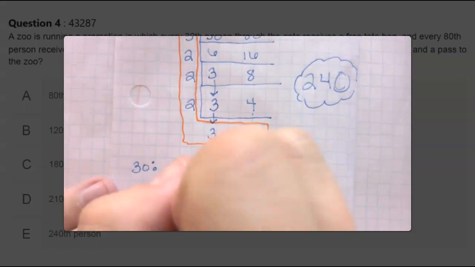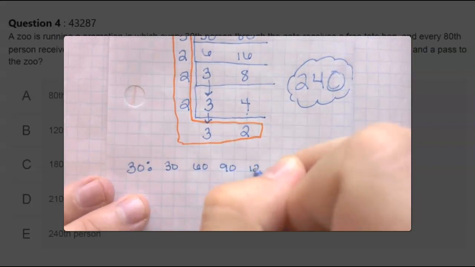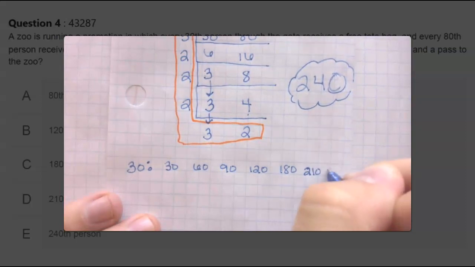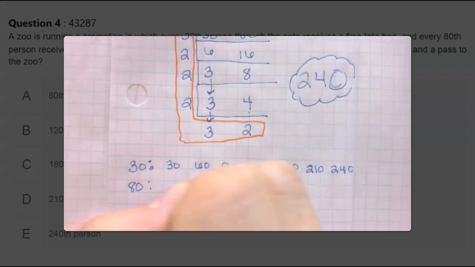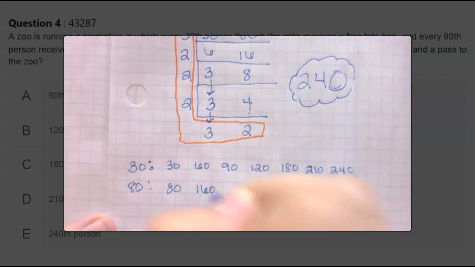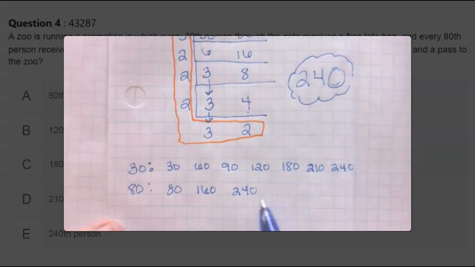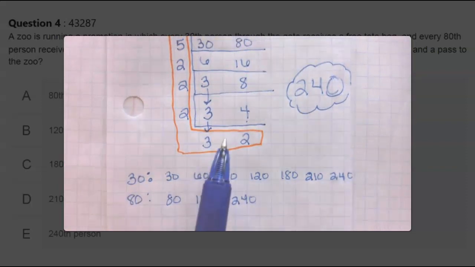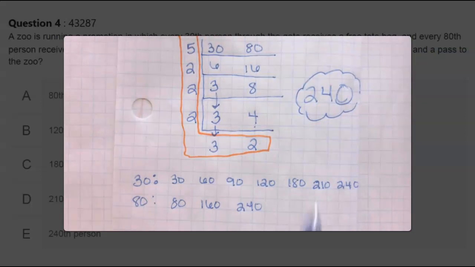So you could do 30, 60, 90, 120, 180, 210, 240. And then we can do 80, which is 80, 160, 240. And then you can see that's where the first multiple will match up as well. So if this is faster for you, if you're more comfortable doing it this way, that's great. You don't always have to use the ladder method to find the LCM. It is just a method that we've been using in the past.